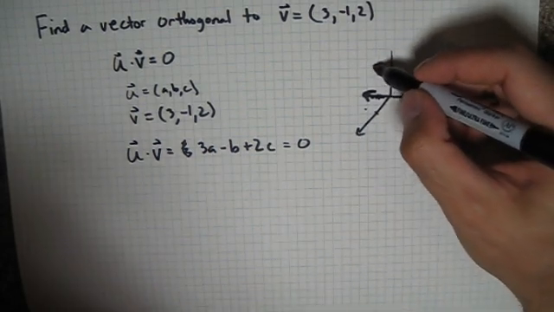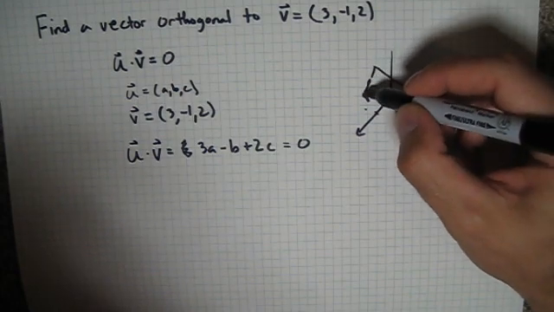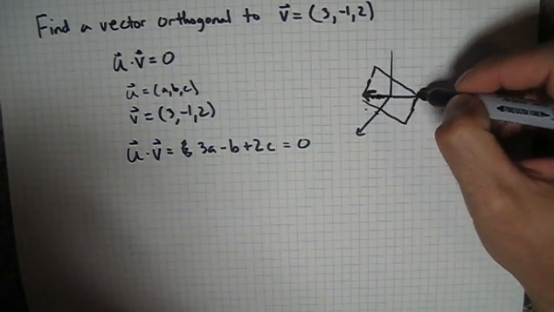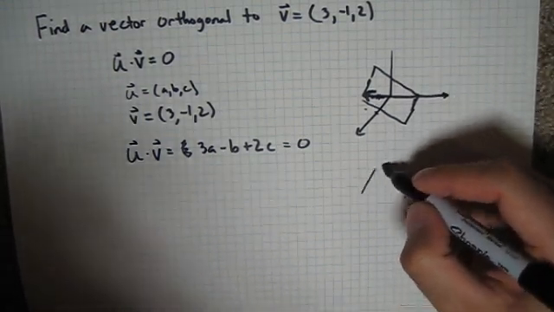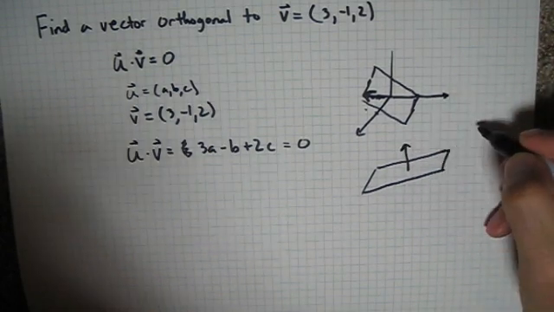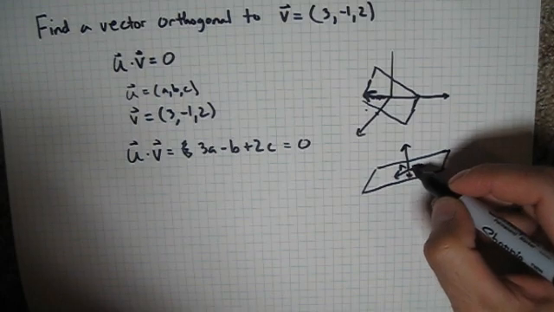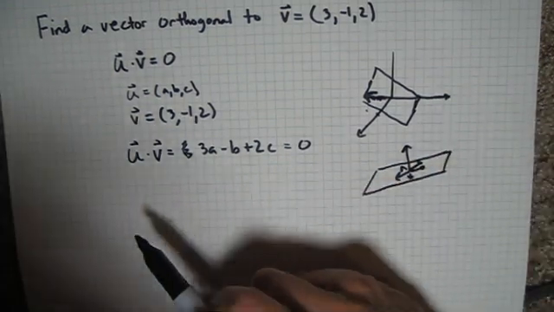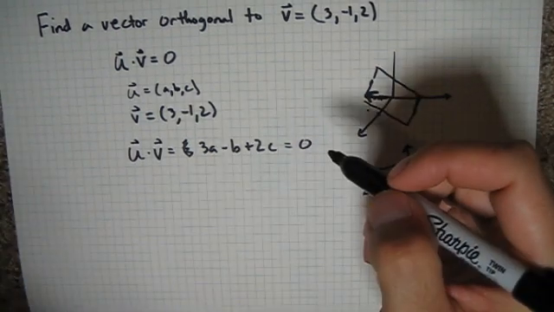Anything in the plane which this points out of, any vector in that plane, is going to be perpendicular to it. If I draw that over here, you can think of a plane and a line perpendicular. Any vector within the plane is perpendicular to this. So there's going to be a whole lot of possible answers, and we just need to find one.